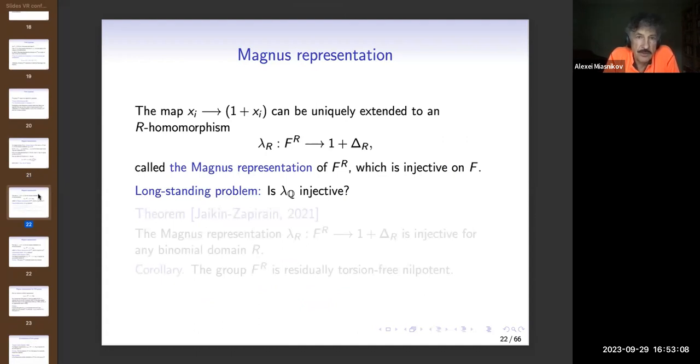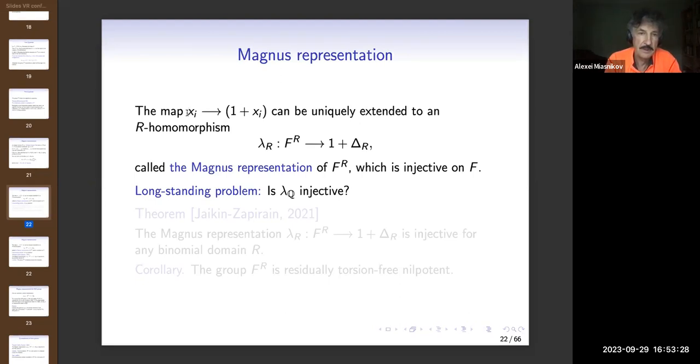What Magnus showed is that the map x_i to 1 plus x_i gives an embedding of a free group with basis X into this ring of power series. So it's injective.